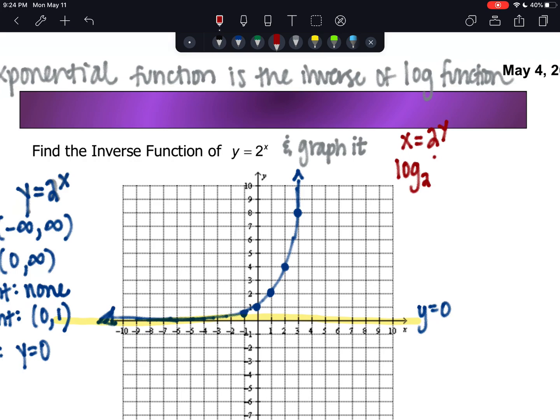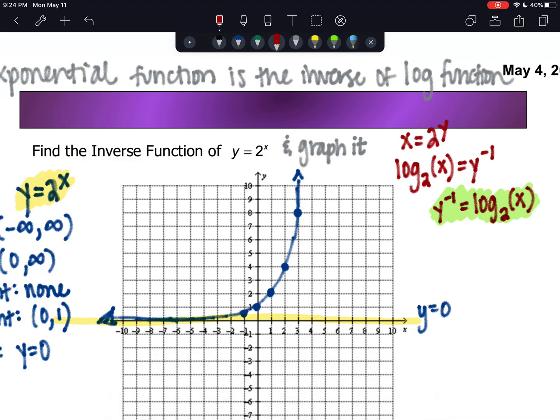So log base 2 of x equals y, and that's the inverse. So here we have y equals 2 to the x, and the inverse is log base 2 of x.